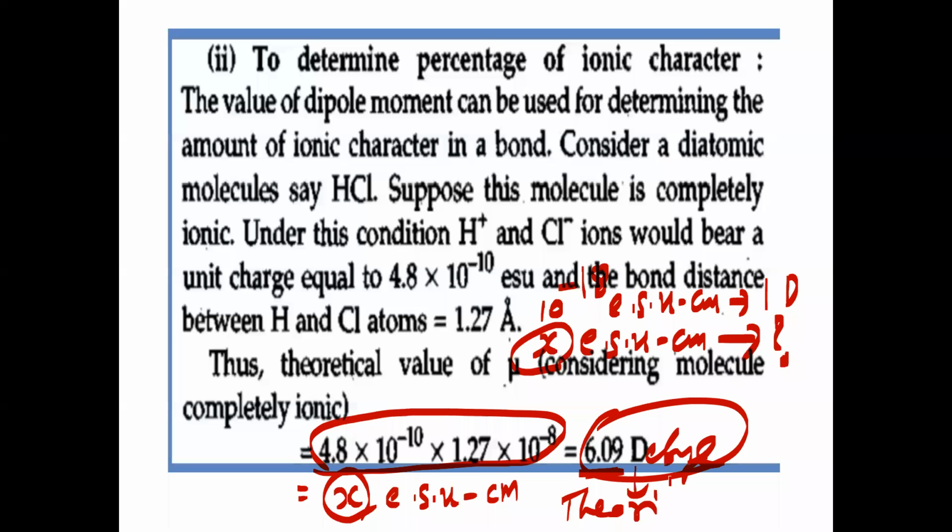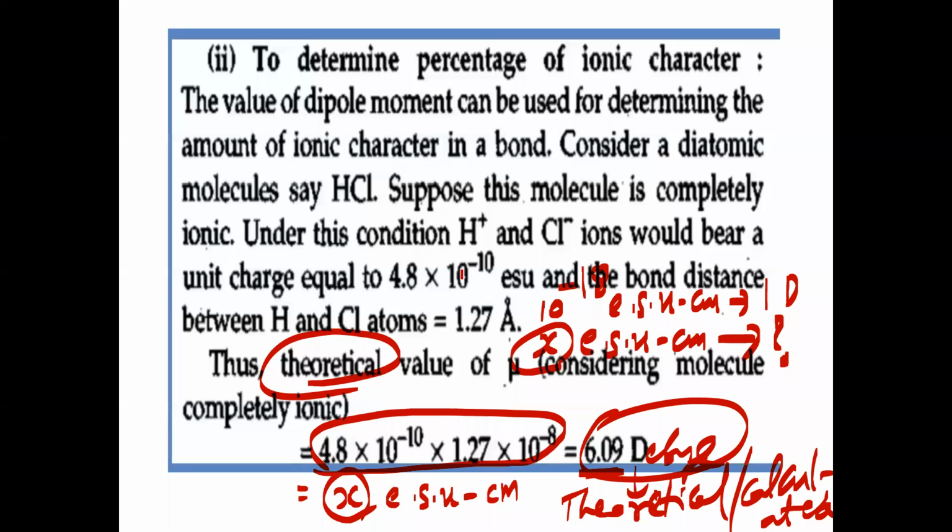So theoretical, or we can say calculated. Calculated value or theoretical value, or we can say theoretical dipole moment, or calculated dipole moment we take. Is it clear? This value is theoretical.